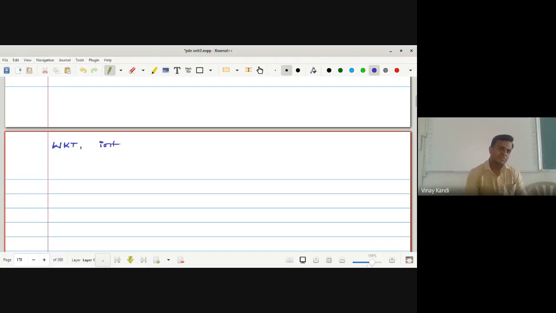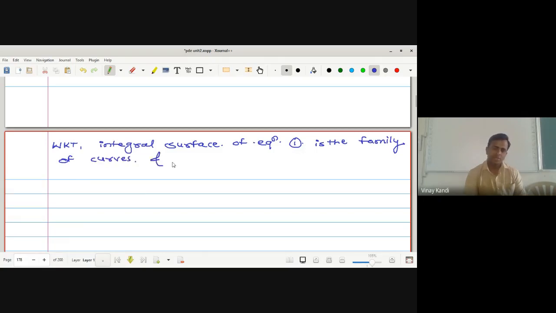We know that the integral surface of equation 1 is the family of curves, and it is given by a system of ordinary differential equations.